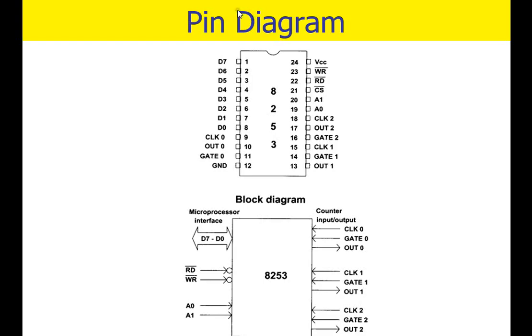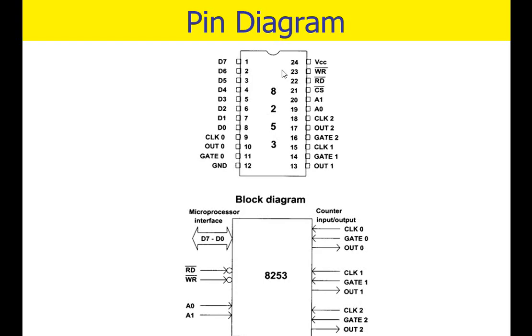In pins 23, 22, 21 and 20 we have the write pin, and the bar denotes that it is active low. That means when the signal is low, then the write works. Then pin 22 is for the read section. Pin 21 is for the control segment.